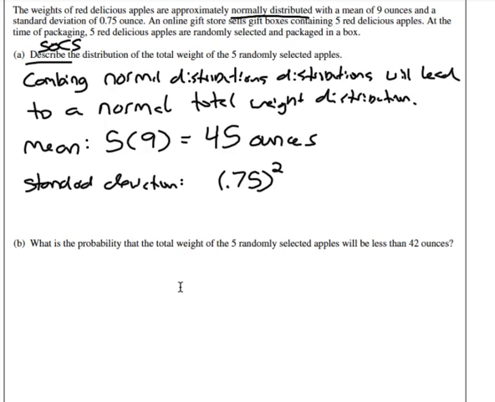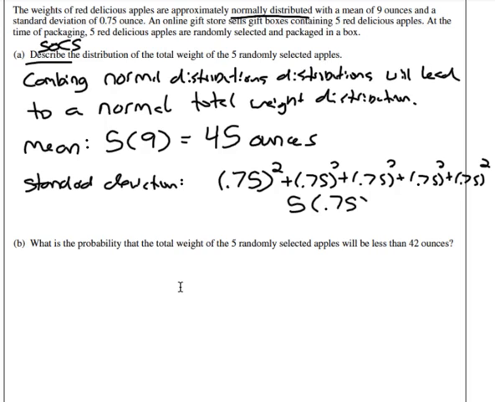We can combine variances. Specifically, we have 5 of these apples we're bringing together, so really we have 5 of those variances.